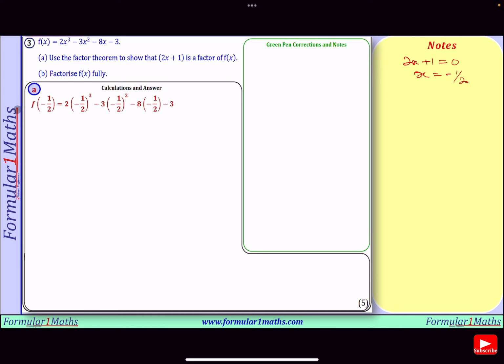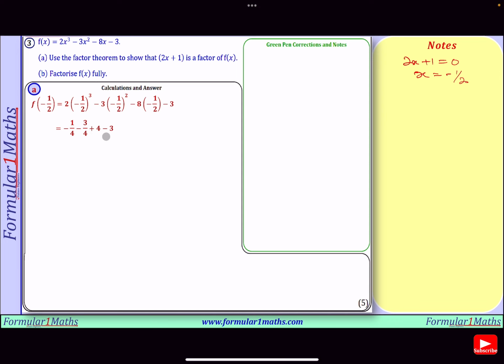So let's do that. So f of minus half is equal to 2 brackets minus a half cubed minus 3 times minus a half squared minus 8 times minus a half minus 3. And this will simplify to minus a quarter minus 3 over 4 plus 4 minus 3.